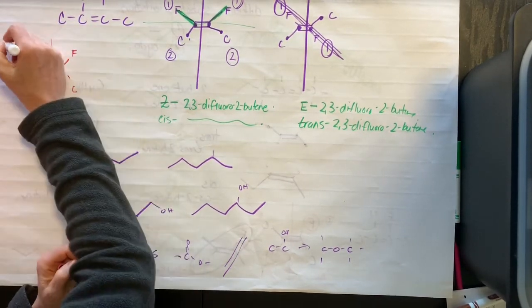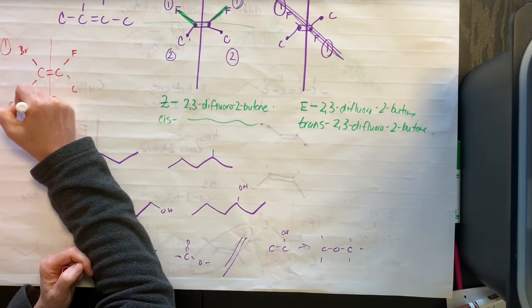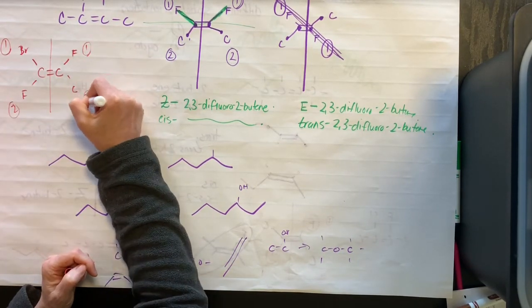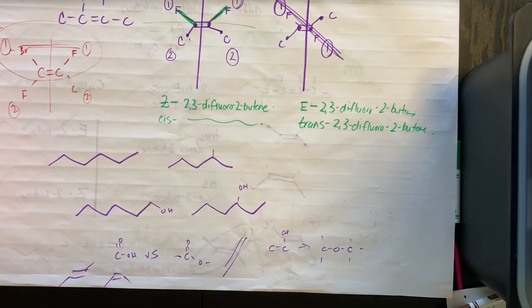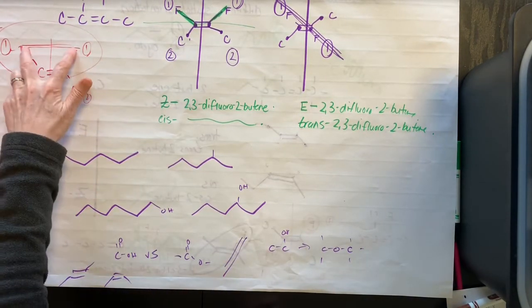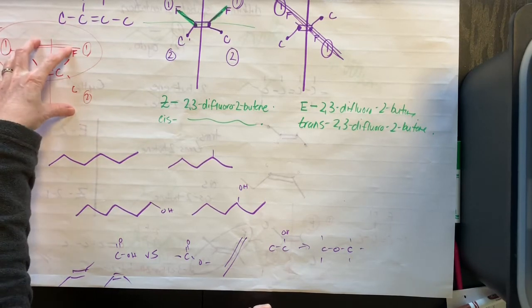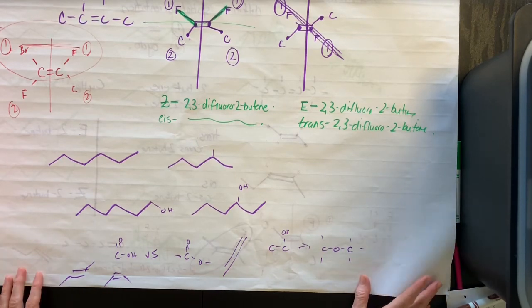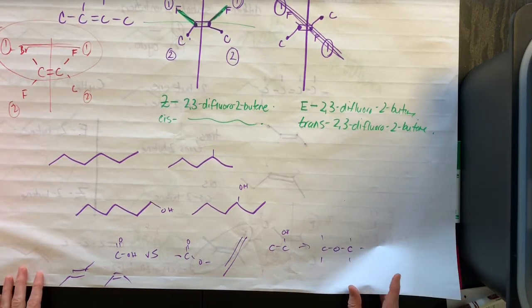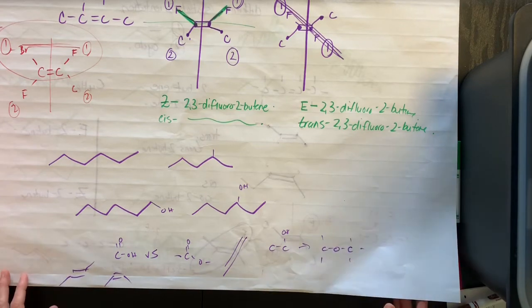That way, this gets priority because it's bigger. That second, this gets priority, that second. And you would say, according to those things, the two number 1 priorities are on the same side. So that would be Z. We run into problems with cis and trans here. I don't think you're going to run into problems in 4U chemistry with E and Z, but that's how you do it. So if you see it next year, you'll remember that you did look at this during coronavirus.